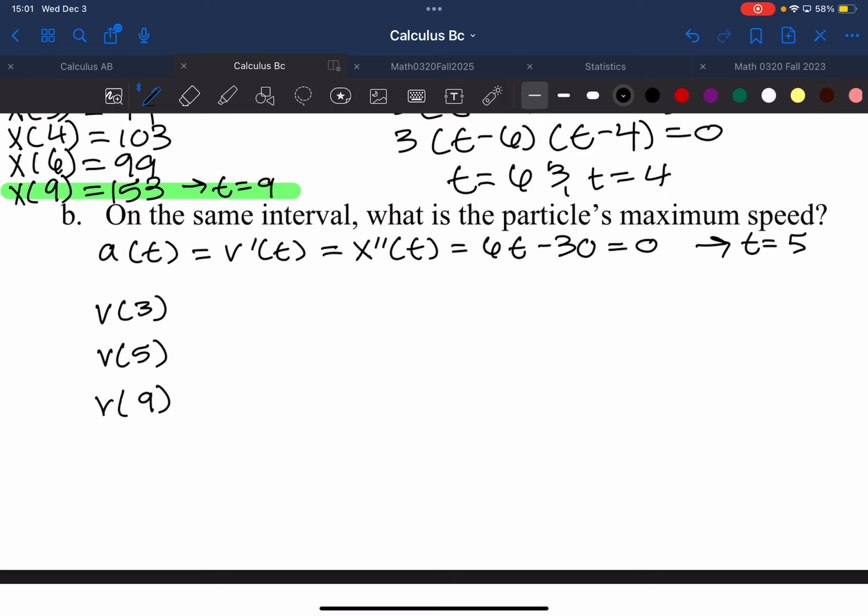Okay. So we're going to do the same thing and we're going to this time write the equation for velocity, which was 3t squared minus 30t plus 72, and plug in 3, 5, and 9. So what you should get for v of 3 is 9. For v of 5, negative 3. And for v of 9, 45. But since we're talking about speed, we know speed is what?